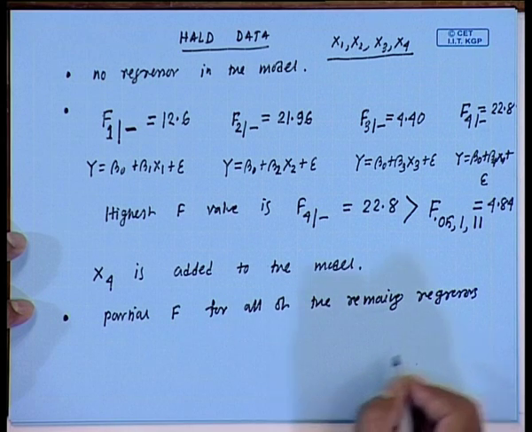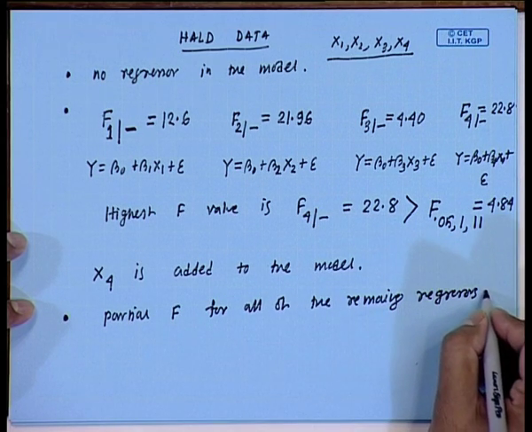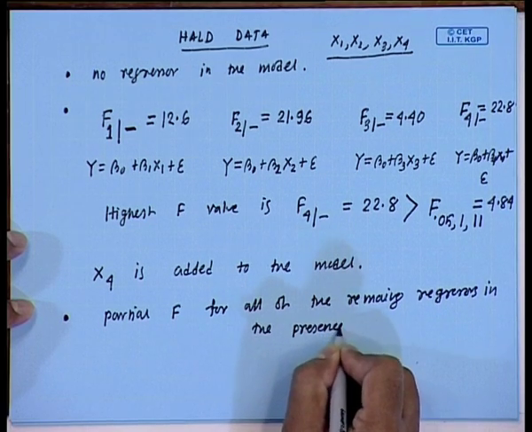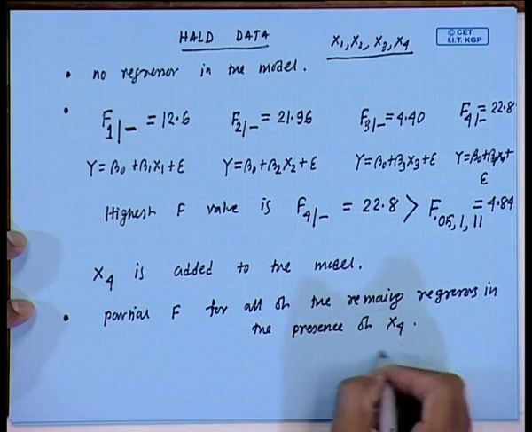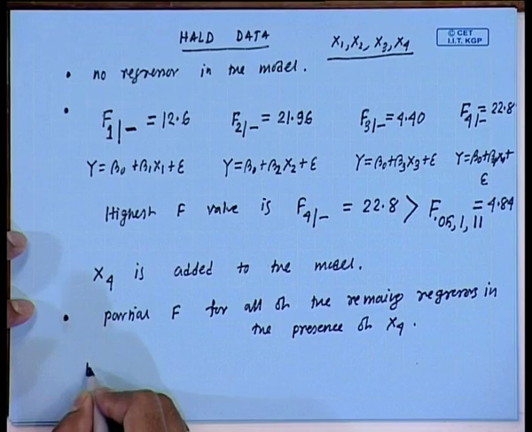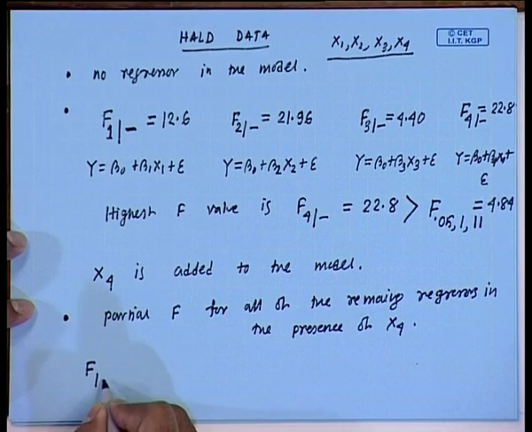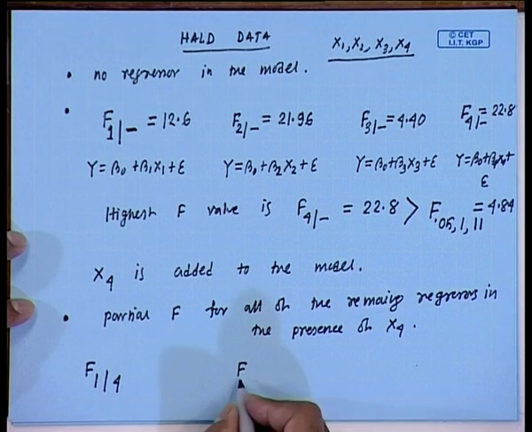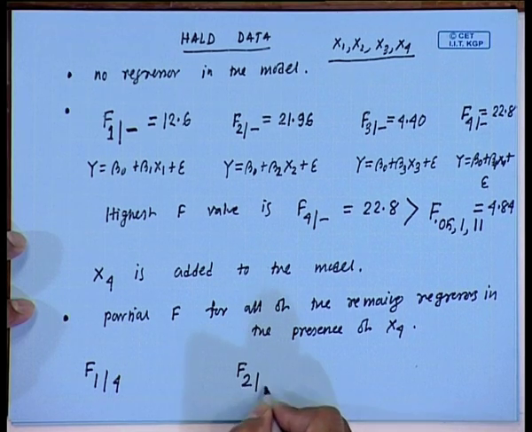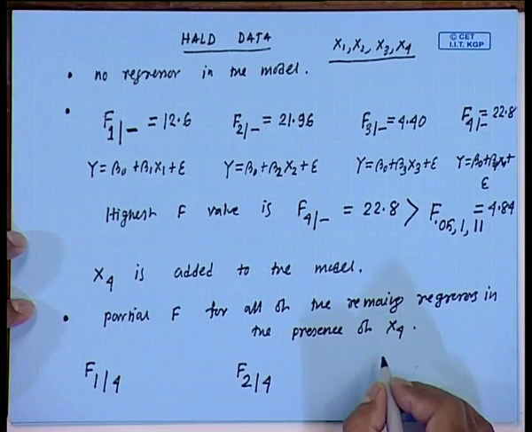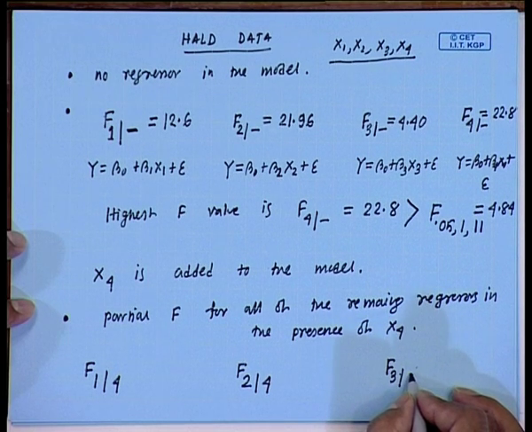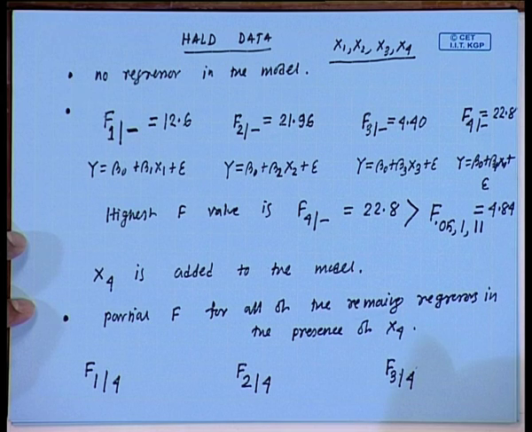So, we compute F1 in the presence of x4. We will compute the partial F statistic associated with x2, that is F2 in the presence of x4 in the model, and also we compute F3 in the presence of x4 in the model.